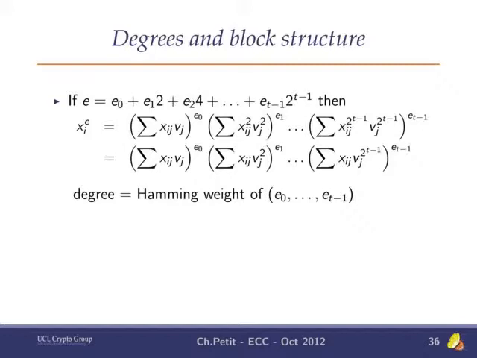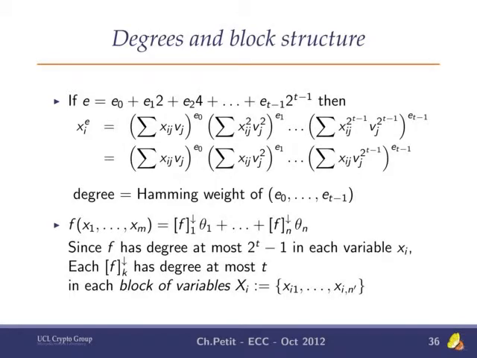If you look at this, you will get polynomials that have degree in the variables x_ij that's at most the number of those exponents that are equal to 1. So the degree of the Weil descent here is the Hamming weight of e.